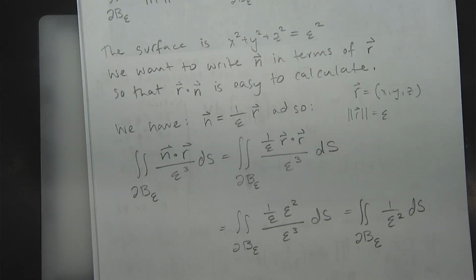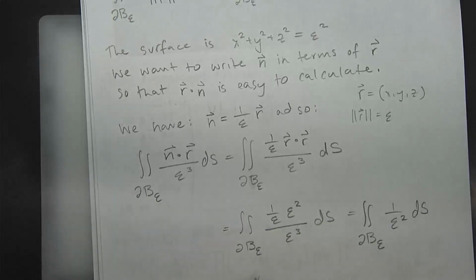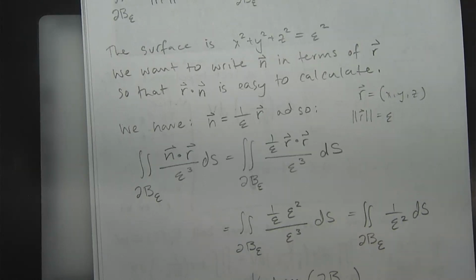The surface of a ball has surface area 4 pi r squared. Yeah, and we get 4 pi.